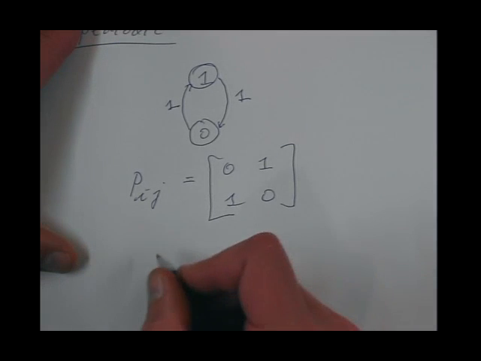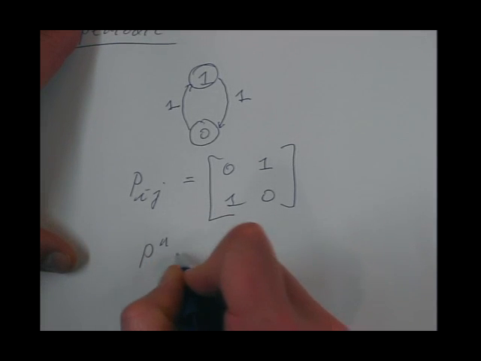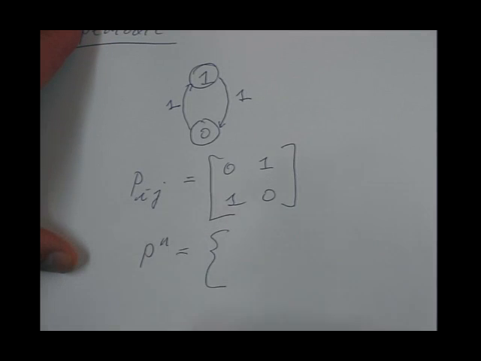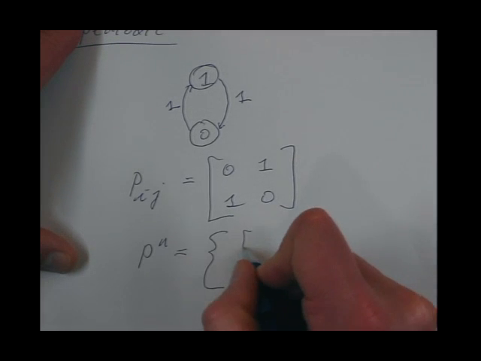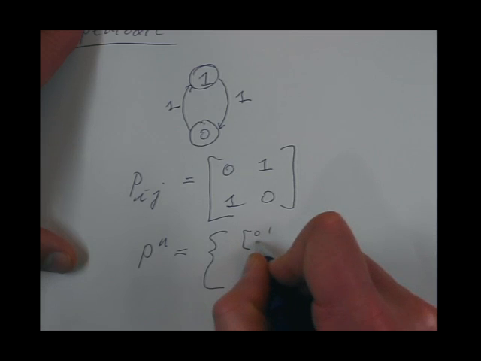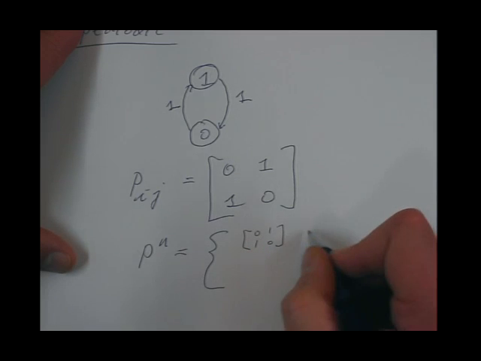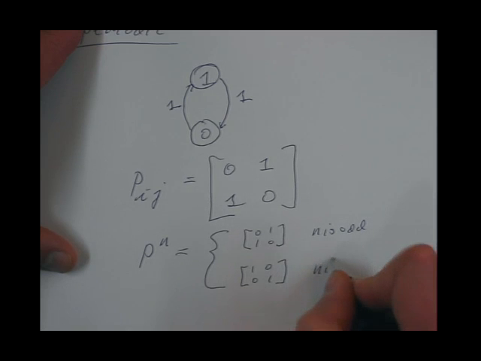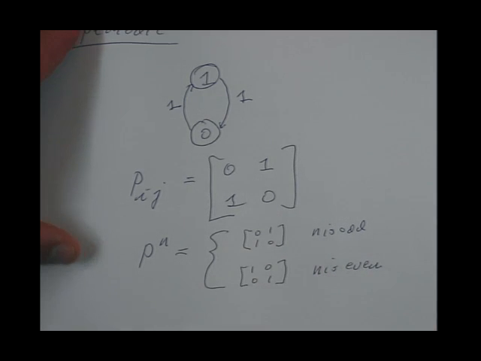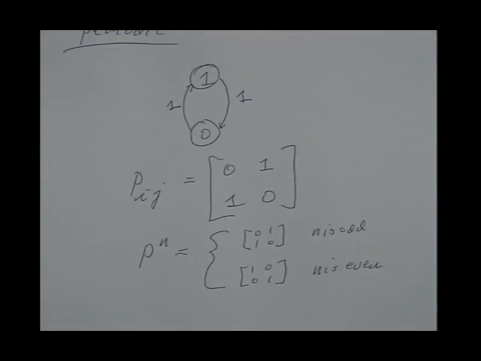So then P to the n is equal to 0, 1, 1, 0 if n is odd, and it's equal to 1, 0, 0, 1 if n is even. So you never reach a steady state distribution in this case.